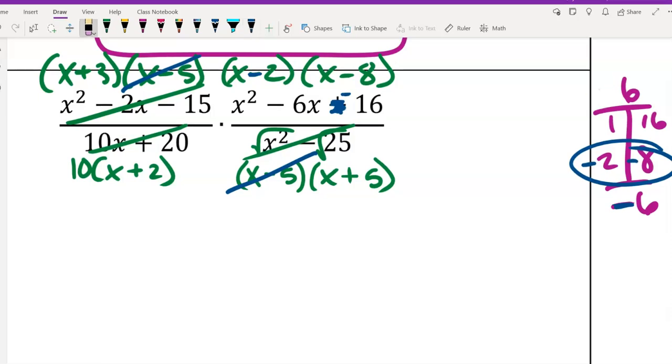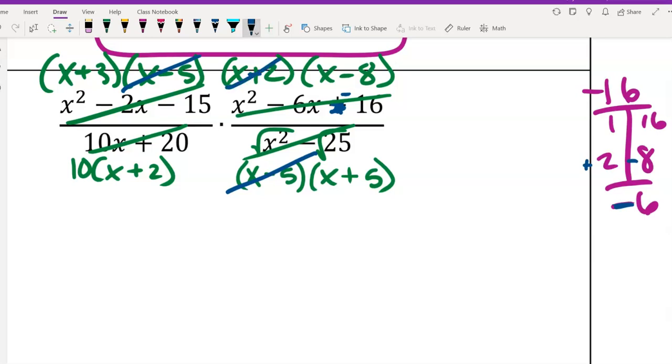That way, if the 16 is negative, we need one of our numbers to be negative, not both of them. But then 8 is going to be negative, so that 2 minus 8 is negative 6. So that's going to work out right there for us. Now change that minus 2 factor right here to a plus 2.